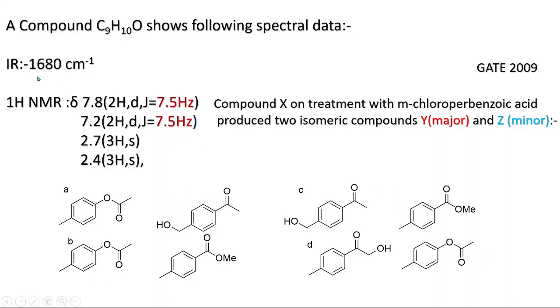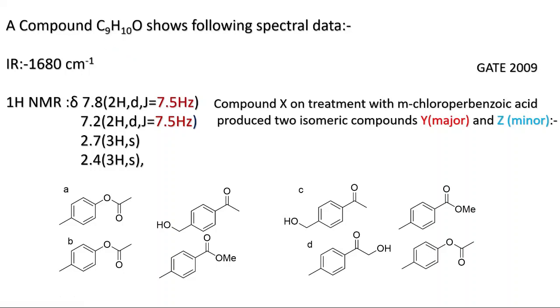So if you see 1680 cm inverse, first of all we have to know what compound X is, then only we will react it with MCPBA, then only we can say which will be the major and minor. So the spectral data is given for compound X. Now they have given C9H10O, so first we have to calculate the DBE, that is the double bond equivalent.